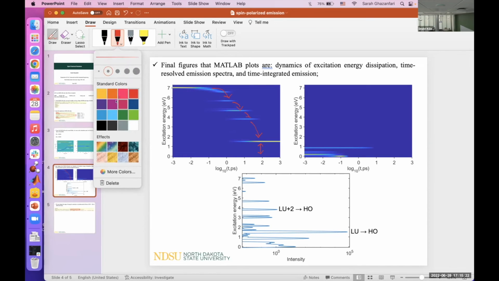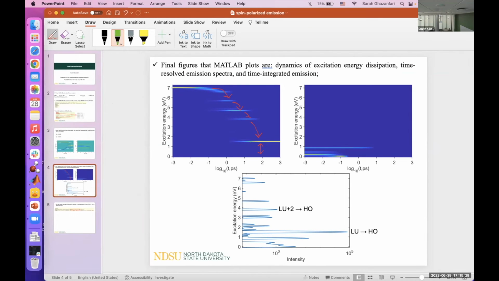We were thinking that the light can be emitted only to ground state from an excited state. But in addition, there are processes of radiative transition between several excited states.